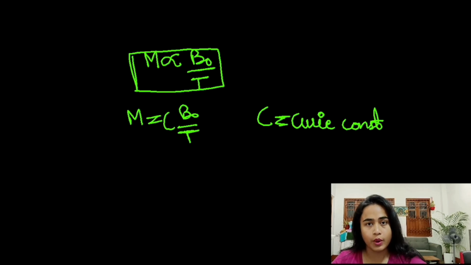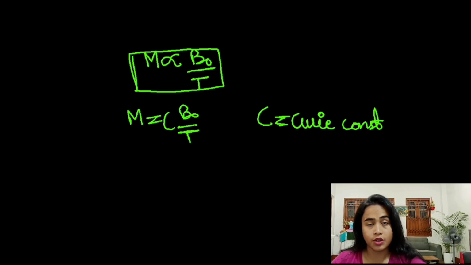Whenever you see T, the absolute temperature, in an equation, this Curie constant is going to appear. Actually, this equation was introduced by Curie.